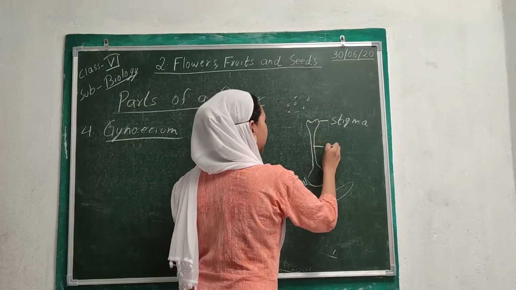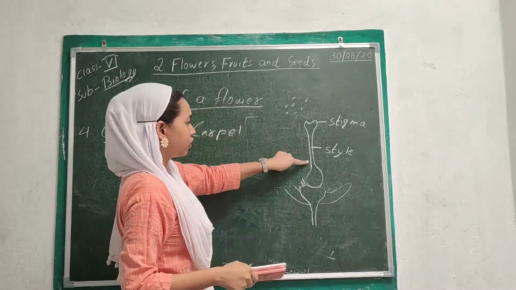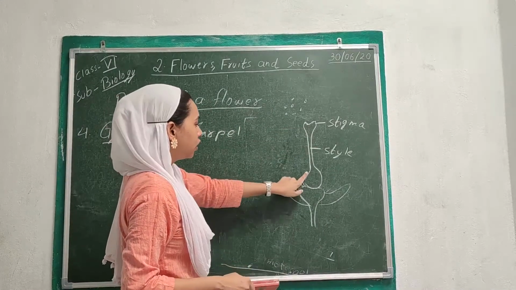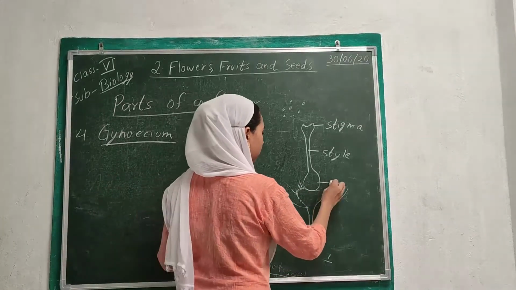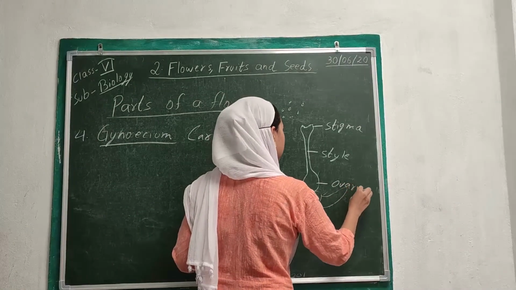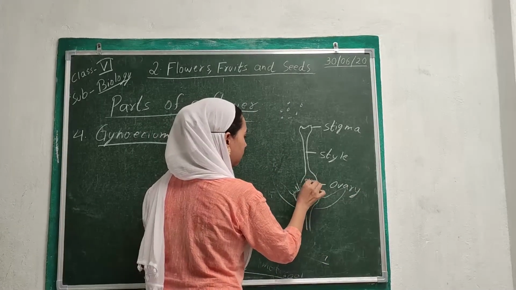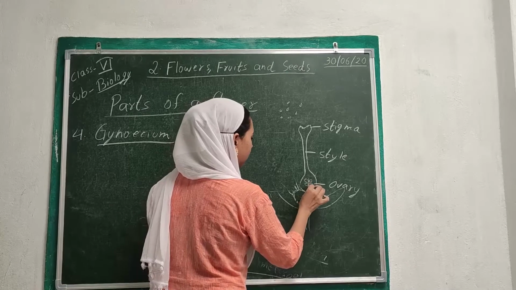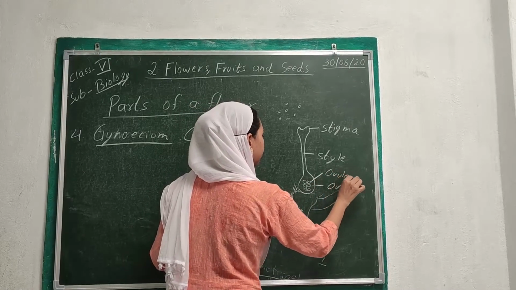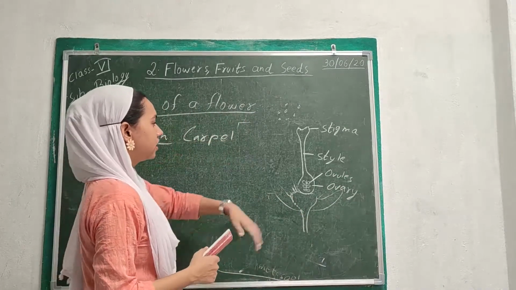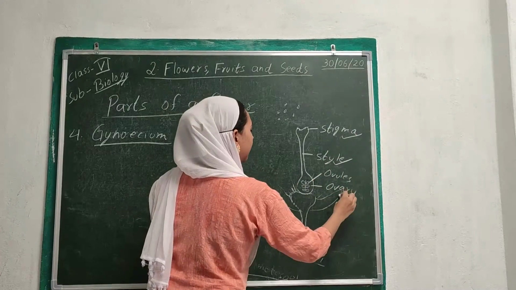The next part is the style. This is a tube-like structure which connects the stigma to one more part, which is very swollen down here. This part is known as the ovary. Inside the ovary there are small egg-like cells, known as the ovules. So this pistil is made up of 3 parts: the stigma, the style, and the ovary.